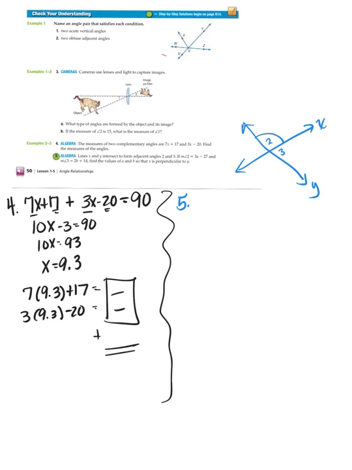If angle 2 here is 3A minus 27, and angle 3 is 2B plus 14, find the values of A and B so that X is perpendicular to Y. Well, if X is perpendicular to Y, then I would know that each of these would have to add together to give me a 90-degree angle.